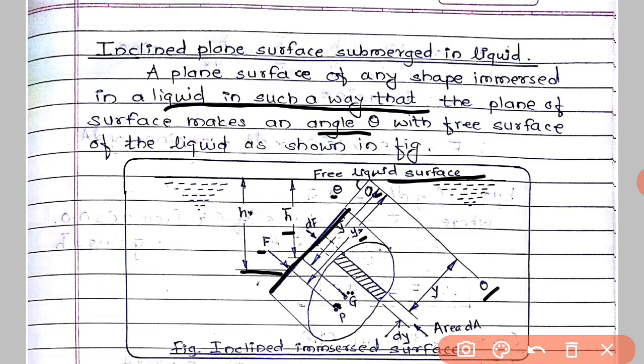Now what we have to do here is consider a small strip of area dA at depth small h. This will be the small strip of area dA.